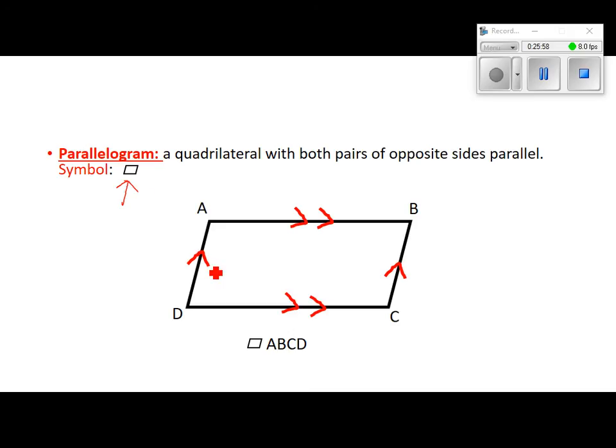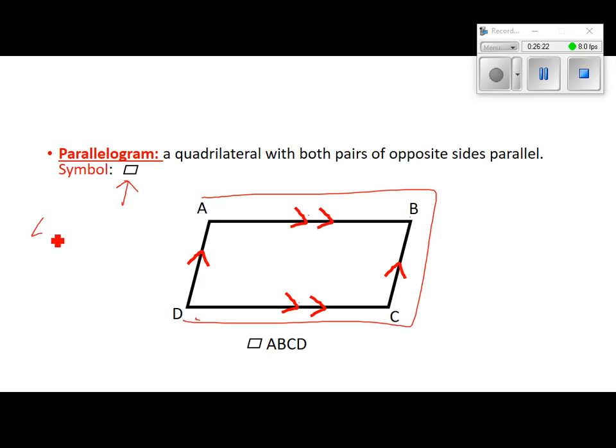They're parallel. That means that these two sides are parallel, and the doubles tell us that those two sides are parallel. When you name a four-sided figure or any polygon, you've got to go around it either clockwise or counterclockwise. So I named mine parallelogram ABCD. Started here, went to there, went to there, went to there.